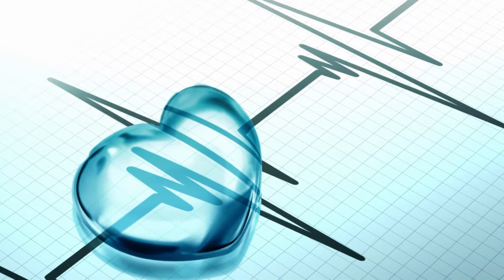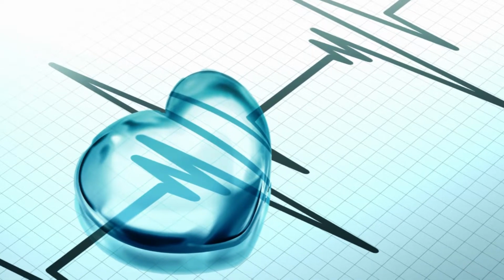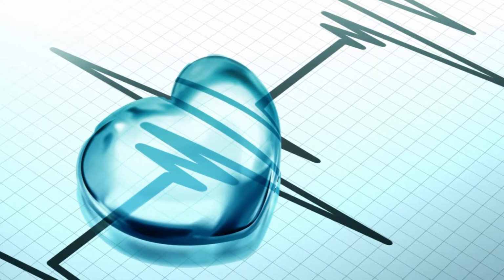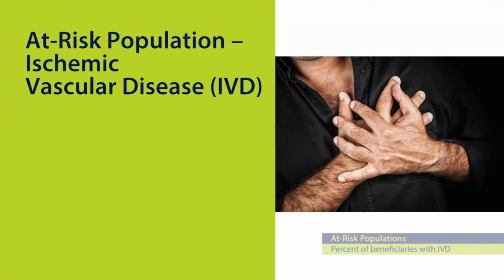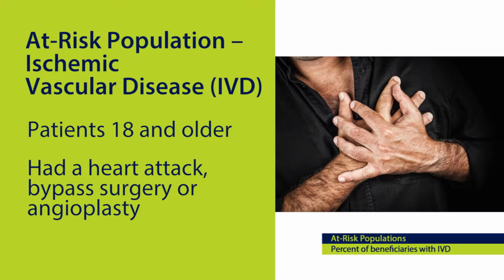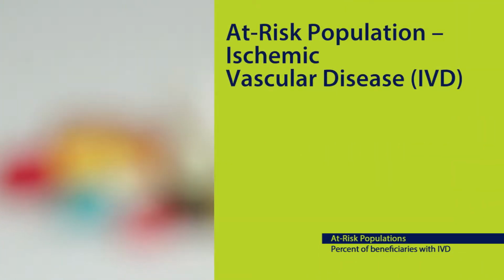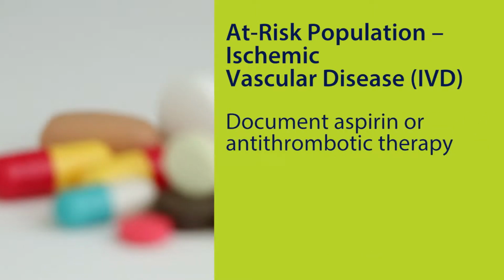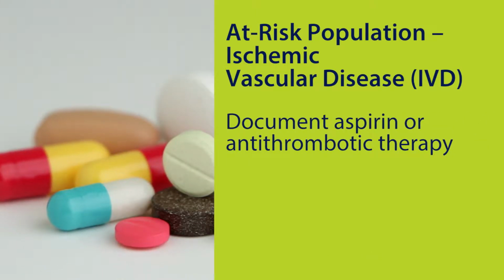Heart disease is the leading killer in the United States, so you'll want to keep a close eye on your heart patients. When it comes to the ischemic vascular disease population, the ones to watch are those older than 18 who've had a heart attack, bypass surgery, or angioplasty in the 12 months prior to the measurement period. Also, patients who've had an active diagnosis of IVD during the measurement period. These patients should be taking aspirin or antithrombotic therapy during the measurement period, and it should be documented.